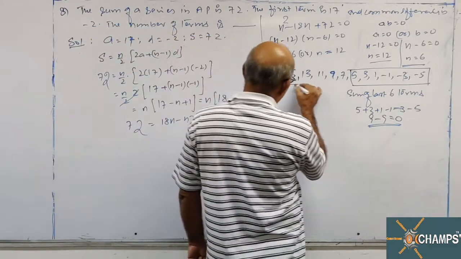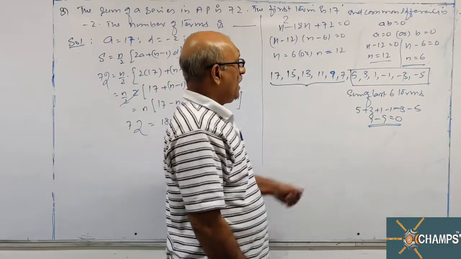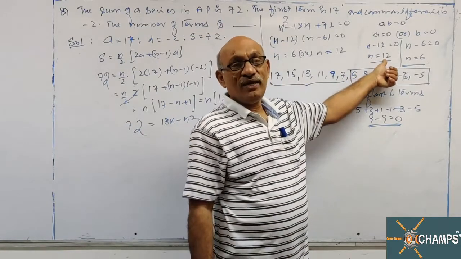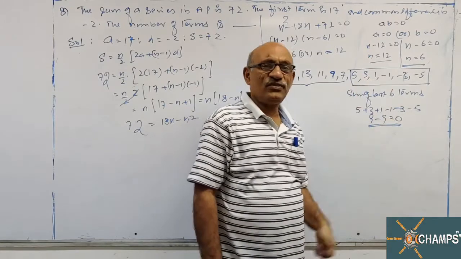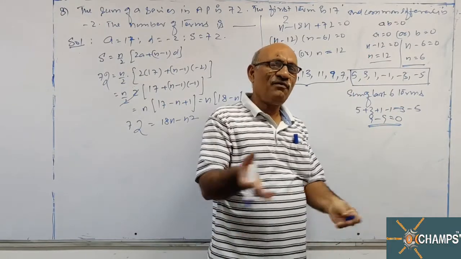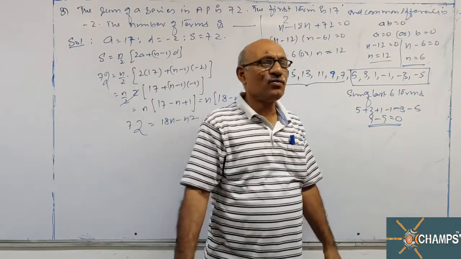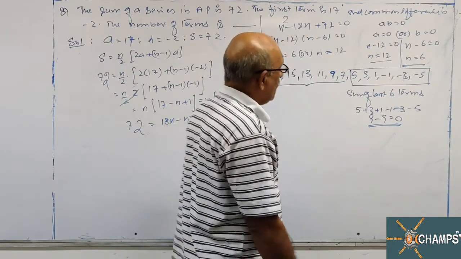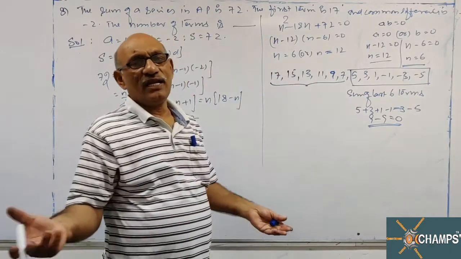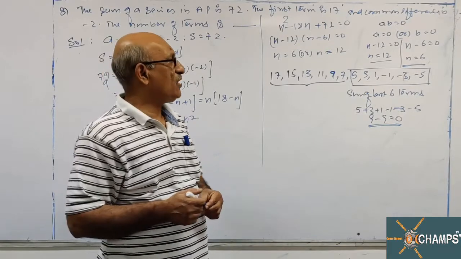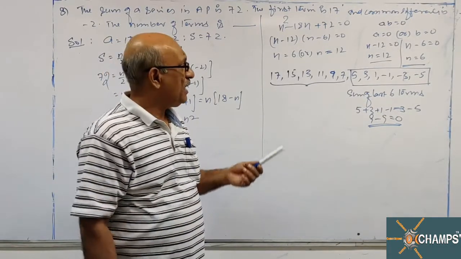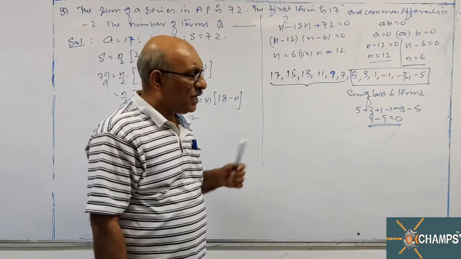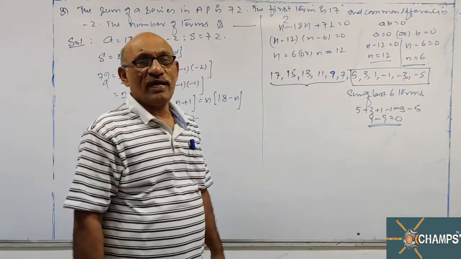So there are 6 terms which are common, and n is equal to 12 means it is having 6 additional terms, and the sum of those 6 additional terms is 0. When you add 0 to any number, its value will remain the same. Because of this reason, for n is equal to 6 and for n is equal to 12, Sn is equal to 72. That is the reason why both values are accepted.